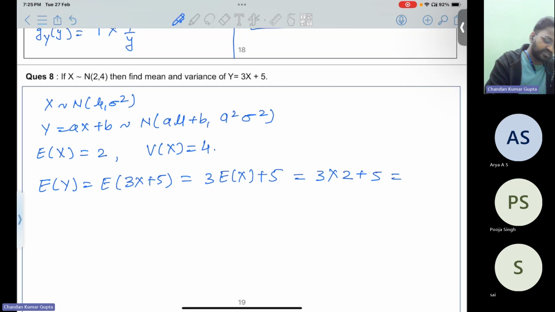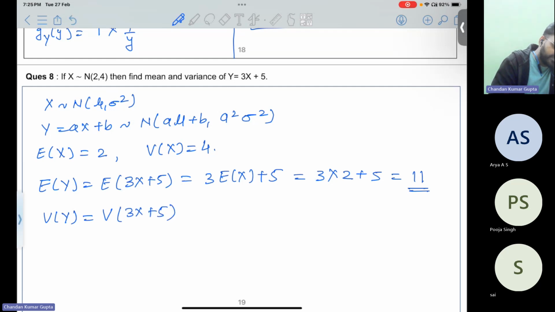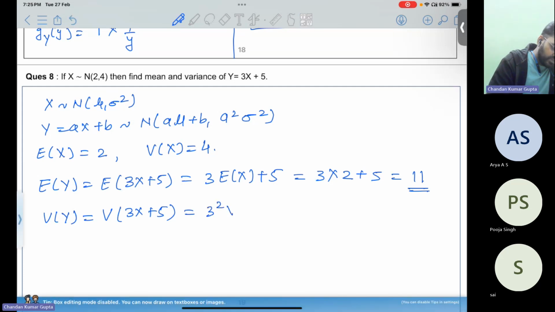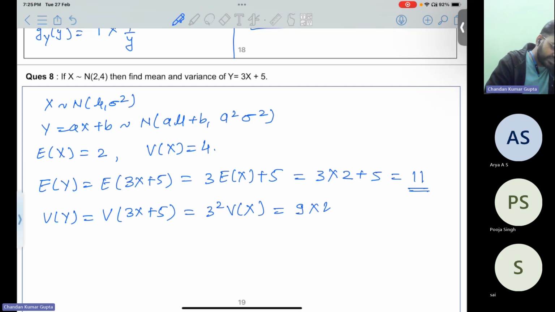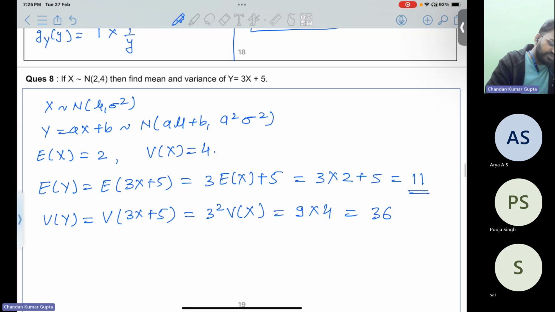It is 6 plus 5, which is equal to 11. And variance of y equal to variance of 3x plus 5, which is equal to 3 square variance of x, which is equal to 9 into 4, which is equal to 36. So the mean is 11 and the variance is 36. A simple question actually.